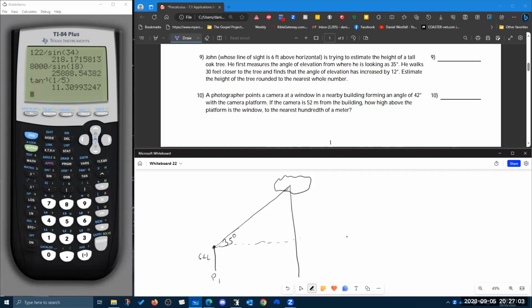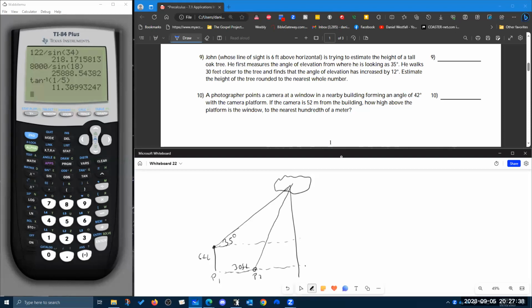And he walks 30 feet closer. So when he walks 30 feet closer to position 2, he's going to look up to the same point. Do my best to draw that line.